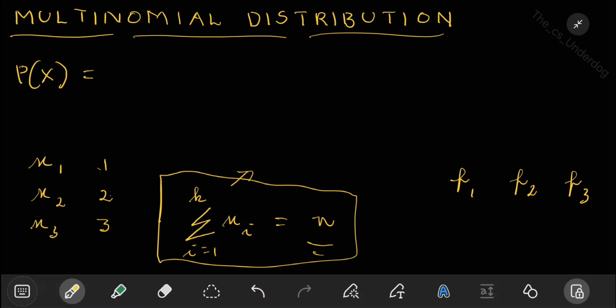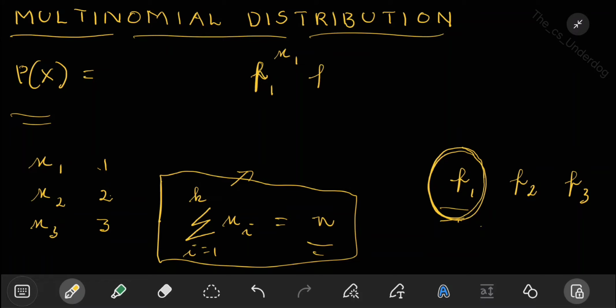Given this, can I write the total probability as P1 raised to x1, because x1 times P1 occurred, right? So that will be P1 into P1 into P1 and so on in case of probability. So first outcome that I am handling here as P1 raised to x1.